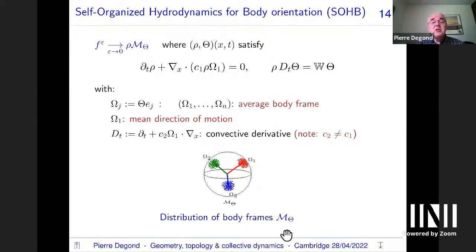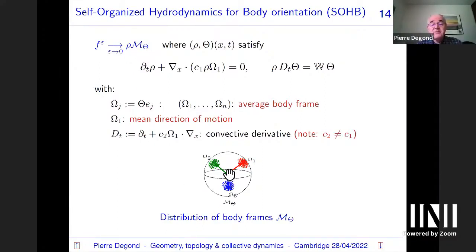So the result is that if you're looking at the solution of this perturbed kinetic equation, it converges to a von Mises distribution, rho m theta, where rho and theta depend on x and t. Rho is the local density, and theta is going to be the sort of average of body frame.